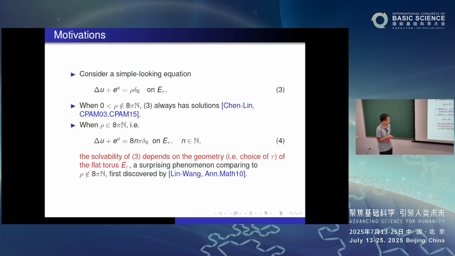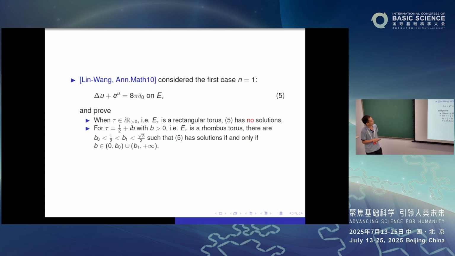This phenomenon was first studied by Chang Shoulin and Jinlong Wang. In this paper, they studied the first case, where the right-hand side is just 8 pi. They proved that if tau is purely imaginary, that is, the torus is a rectangular torus, then this equation has no solution.